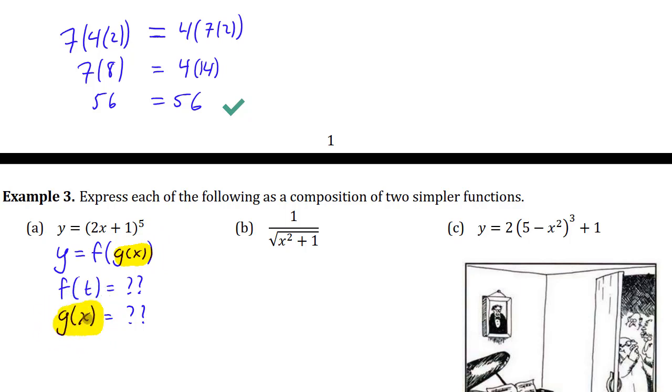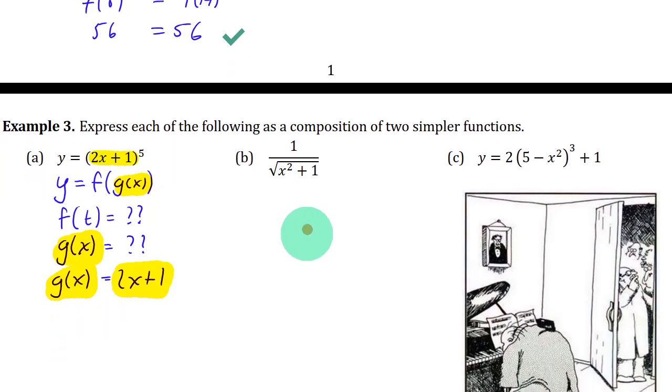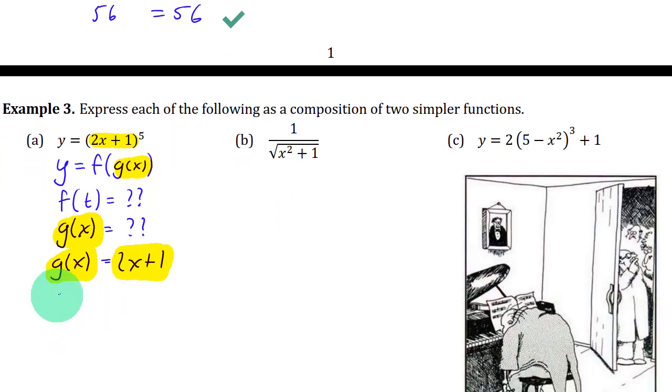So that g of x should be whatever's getting done to x first, which here looks like 2x plus 1. And after you do 2x plus 1, then you can raise that to the power 5. So that will be the f of t part.